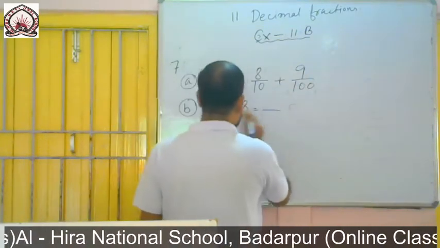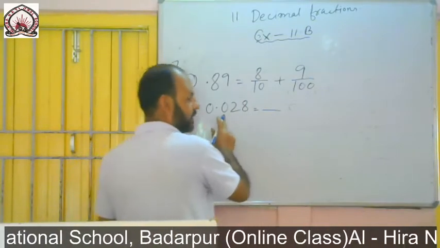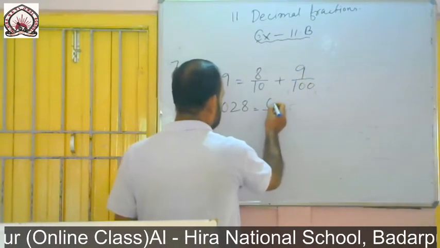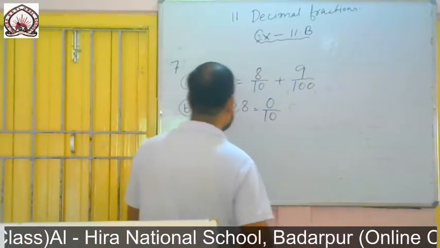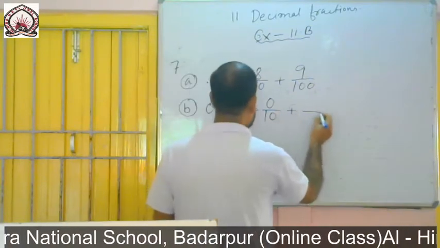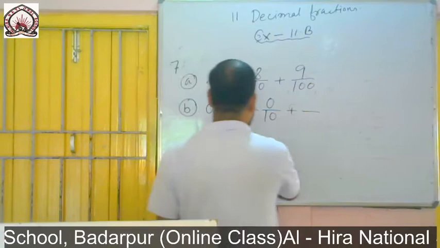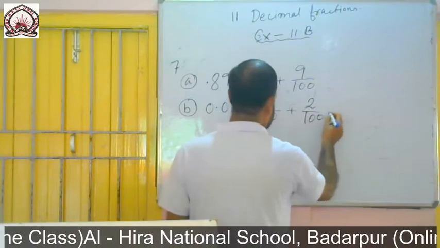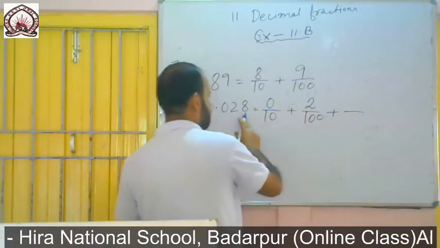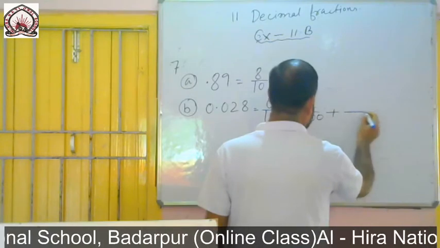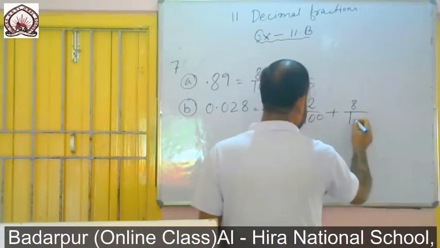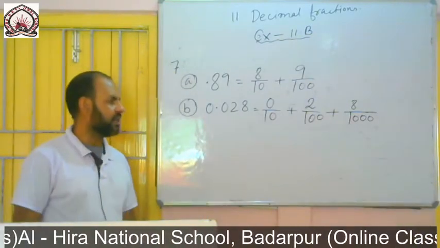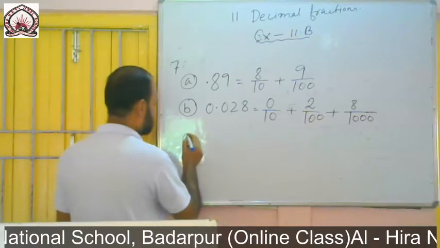That means here 0 is in the tenths place, so 0 by 10, plus 2 is in the hundredths place, 2 by 100, plus 8 is in the thousandths place, so the place value of this 8 is 8 by 1000. Question number C.